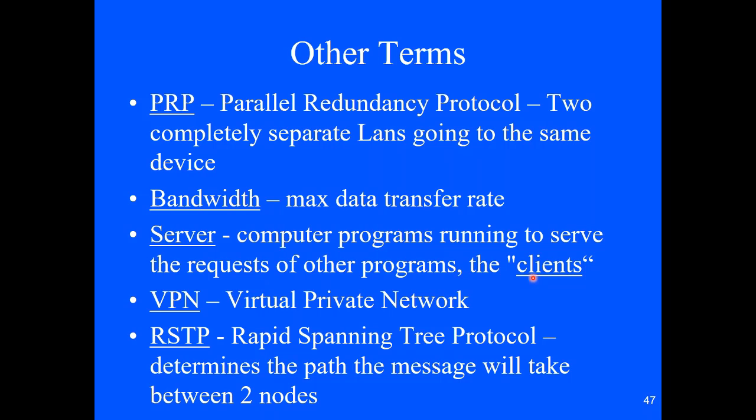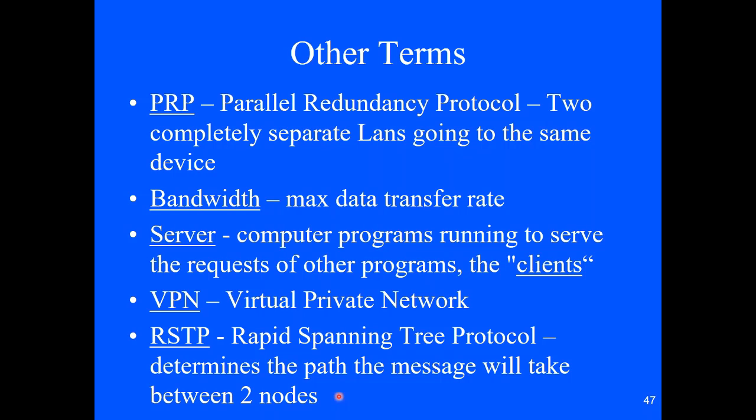It's interesting, when I get into DNP3 further, they actually use the terminology backwards. But typically, think of a server, it's serving the requests of the clients, and your computer is a client. VPN stands for Virtual Private Network, and RSTP, which I mentioned before, was Rapid Spanning Tree Protocol. And that determines the path a message will take between two nodes.